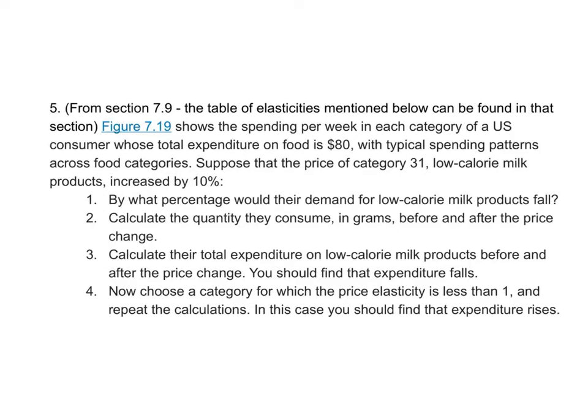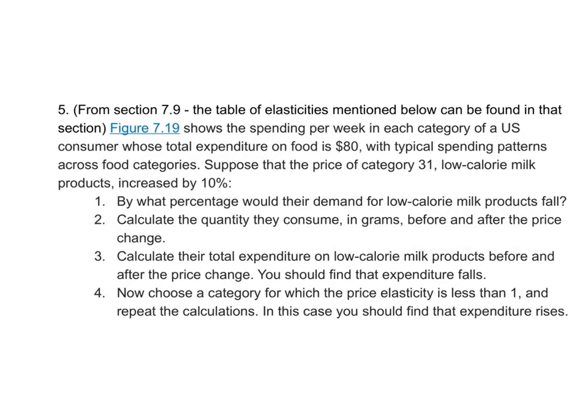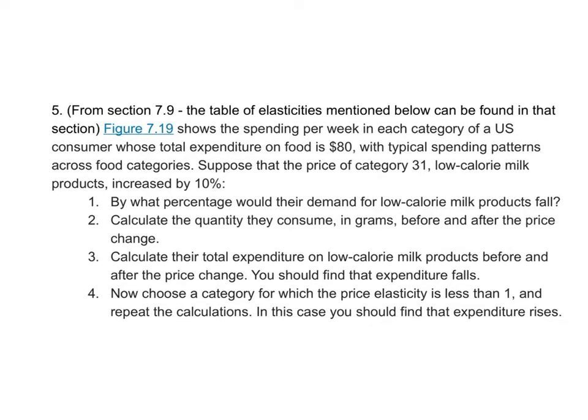The category 31 in that list from the text, the list of estimated expenditures, prices, elasticities, price elasticity of demand. The demand for low-calorie milk products had price elastic demand, a demand estimate greater than 1.